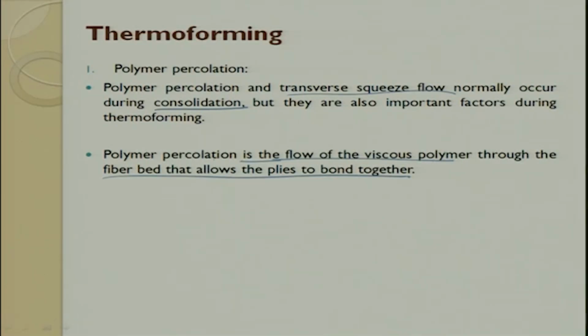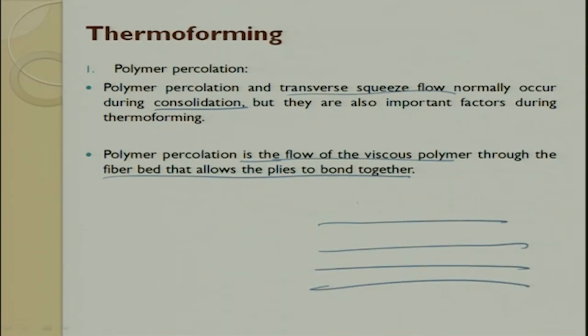Basically, you have several fibers, and these fibers have to be stitched. Instead of stitching, we do an adhesion joint, that is all. Through the flow of the viscous polymer through the fiber bed, the plies bond together. So, stitching is replaced by fiber bonding.